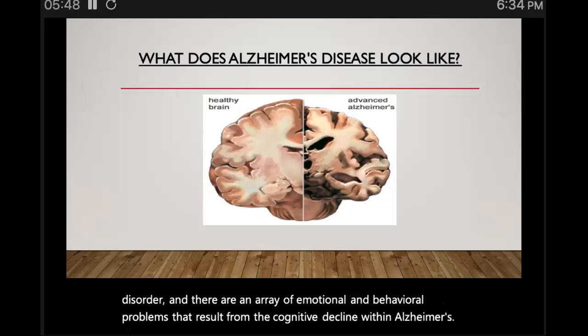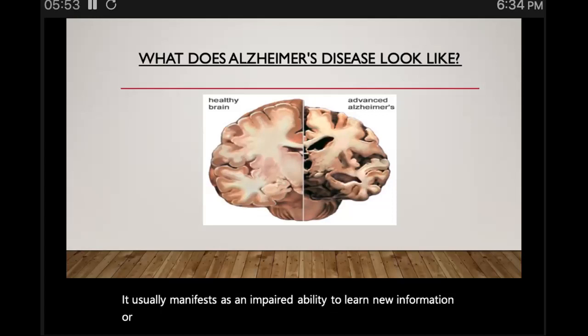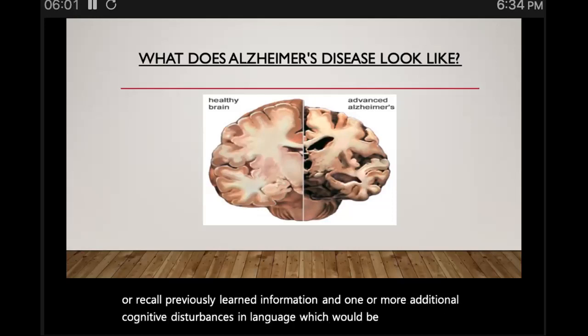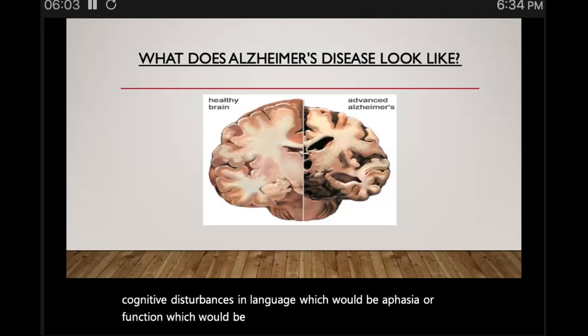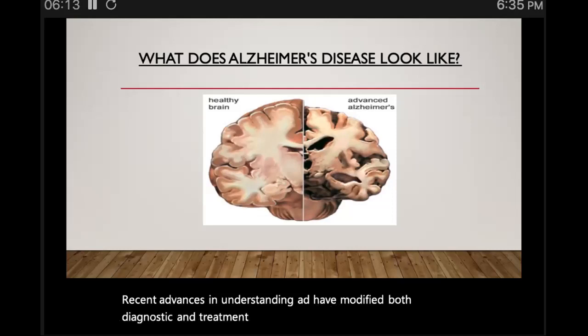It usually manifests as an impaired ability to learn new information or recall previously learned information, and one or more additional cognitive disturbances in language, which would be aphasia, or function, which would be apraxia, or perception, which would be agnosia, or executive function. Recent advances in understanding AD have modified both diagnostic and treatment choices. Most cases are sporadic, although there are rare familial forms of the disease.